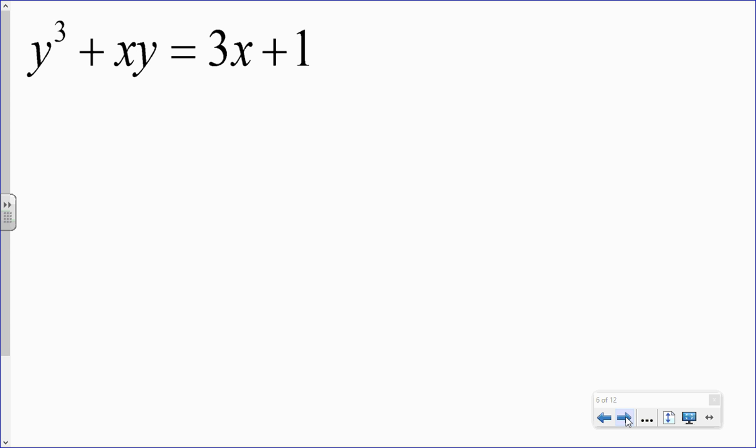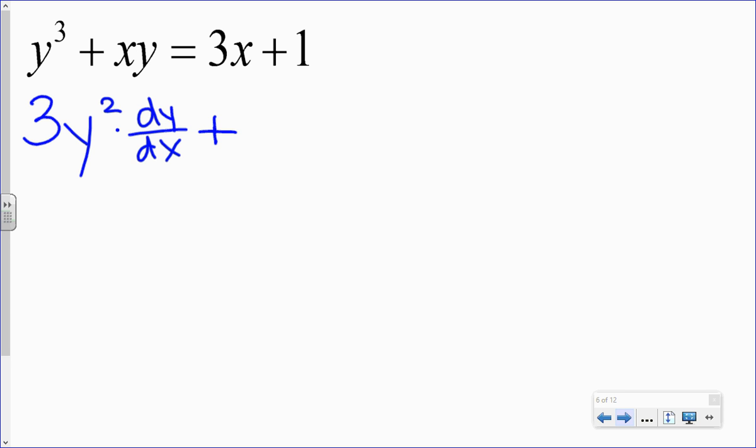Do not forget the rules that we just got done working on. So y cubed. What is the derivative of y cubed? 3y squared. But since we are taking the derivative with respect to x, and y is not x, we need to multiply it by dy dx to apply that chain rule. Plus, we need to take the derivative of xy.